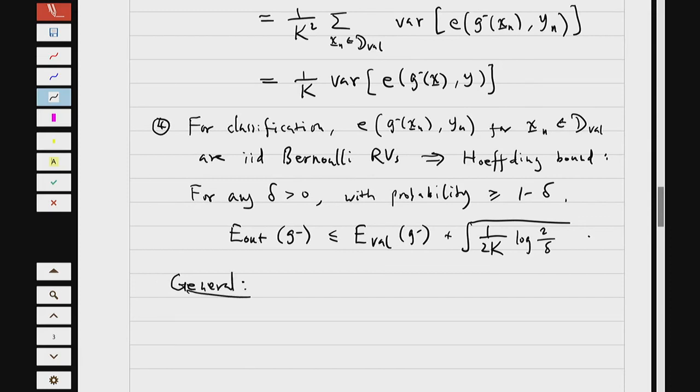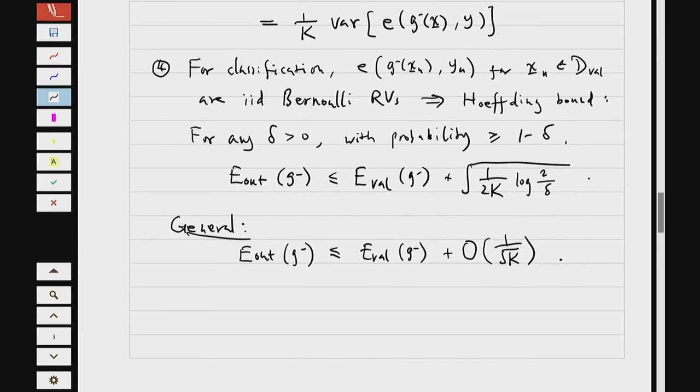In general, we don't have that exact formula, but we have the same scaling. This one is upper bounded by E validation plus something of big O order, well, let me just write 1 over square root of k, like that. Okay? And this is just given without proof.